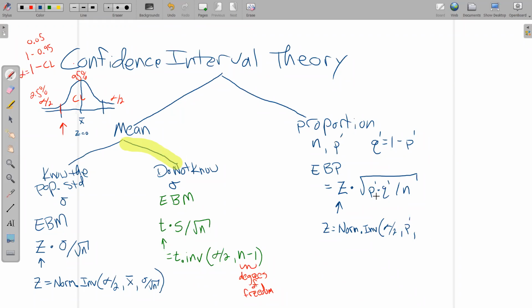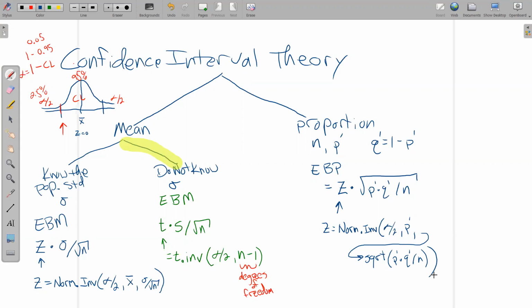And then we would enter this square root for the standard deviation. So I'm going to have to write that underneath. And so on a spreadsheet, let's actually do that. It would be SQRT, which is how you tell a spreadsheet to do a square root, parentheses, and then give it p prime times q prime divided by n, and then close the parentheses for the norm inverse.